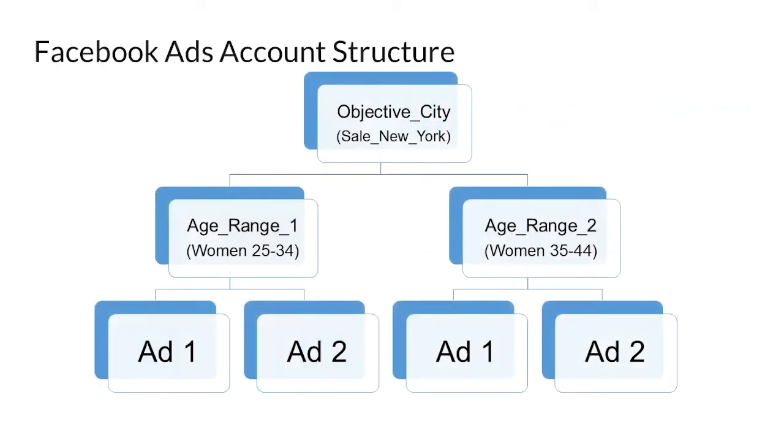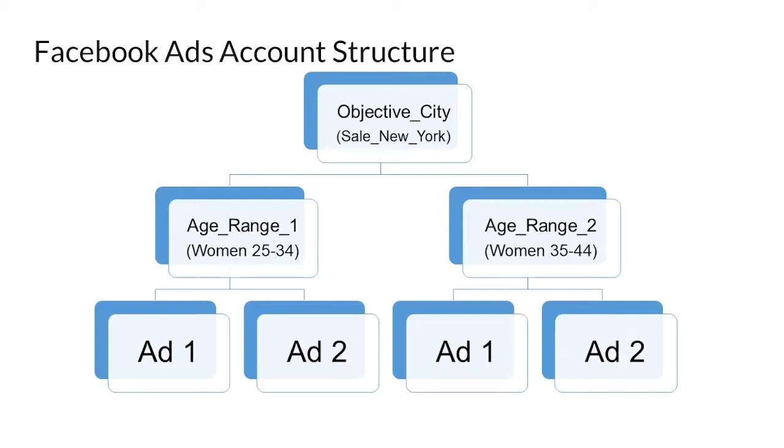So just to recap the Facebook ads account structure, each ad account will have multiple campaigns. Each campaign will have multiple ad sets, targeting a specific audience segment, and each ad set will have multiple ads. For example, let's say you want to generate sales in New York City.